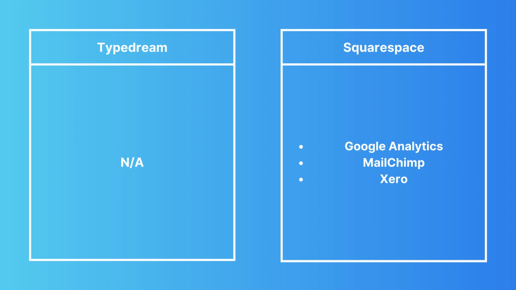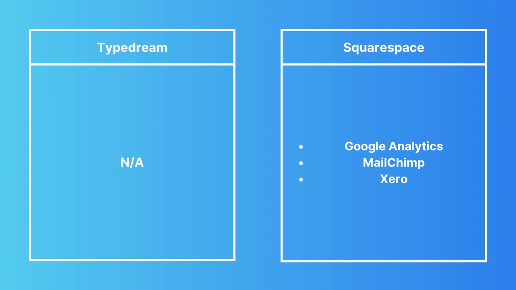If you really want integrations, it's important to choose Squarespace, because Typedream does not offer them yet. Maybe in the future, but not for now. Squarespace offers three integrations: Google Analytics, which is really nice because you can see very in-depth analytics, as well as Mailchimp for email marketing, and Xero.